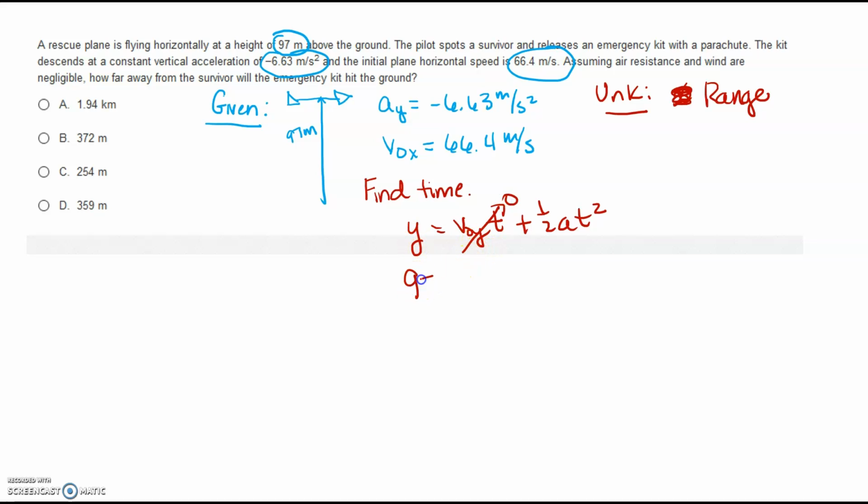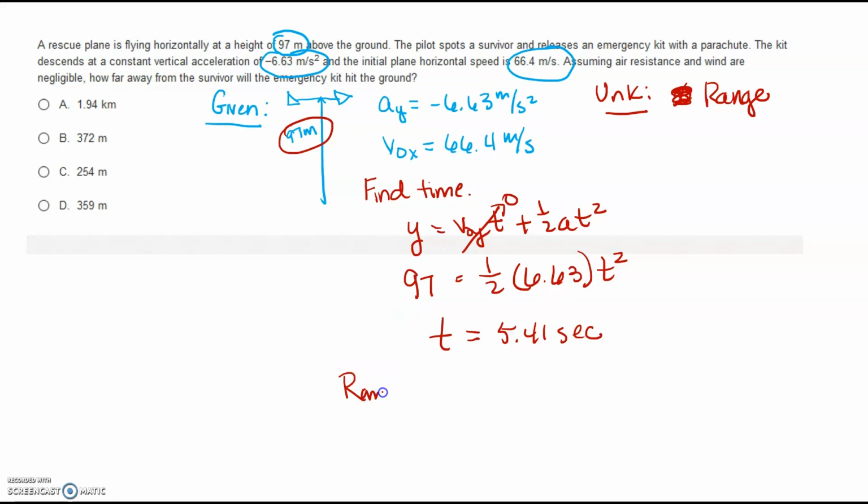My y is 97 from right here. 1/2 the 6.63 t squared. And I'm using a positive number here because time has to be positive. Once I multiply this and divide, I'm going to have to square root it, and I get 5.41 seconds. So it takes 5.41 seconds to hit the ground.